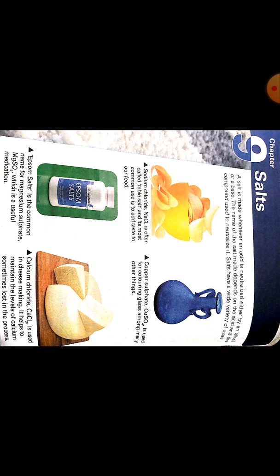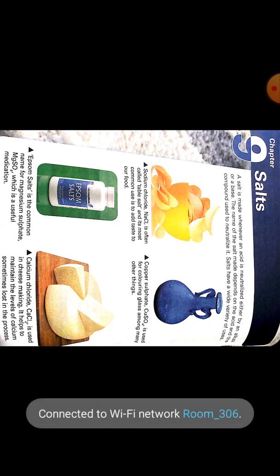Now salts have a wide variety of uses. Here you can see sodium chloride, copper sulphate, magnesium sulphate. Epsom salt is chemically known as magnesium sulphate, and Epsom salt is its common name. Another salt you can see is calcium chloride.